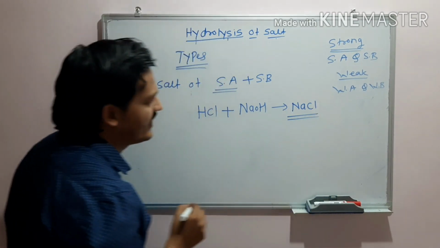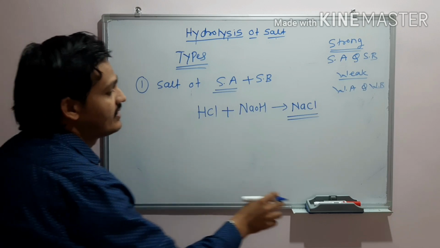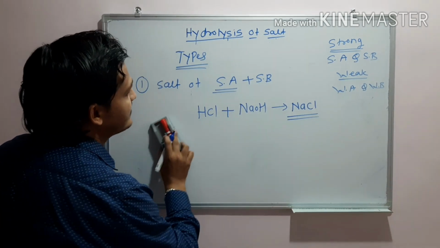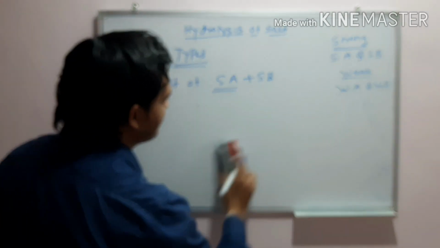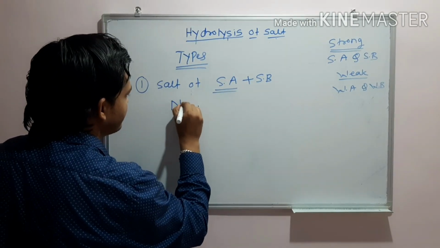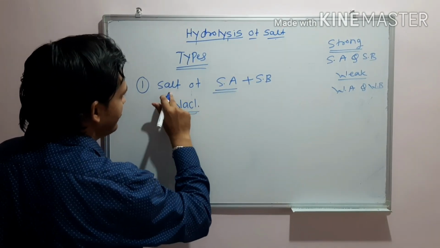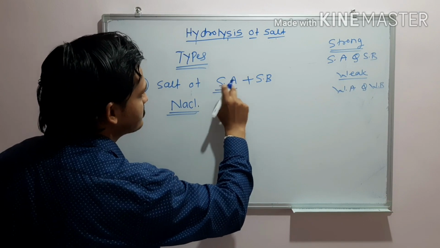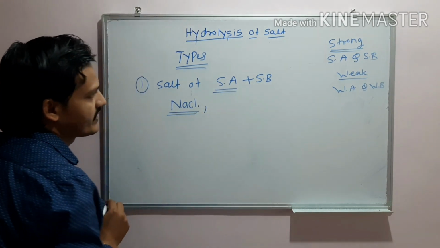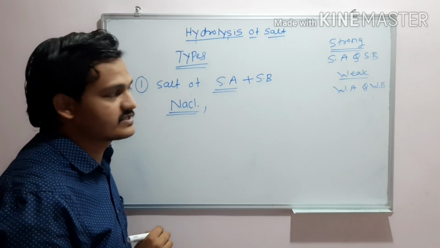Now our principal example of salt of strong acid and strong base is NaCl. This is the salt, formed by combination of strong acid and strong base.